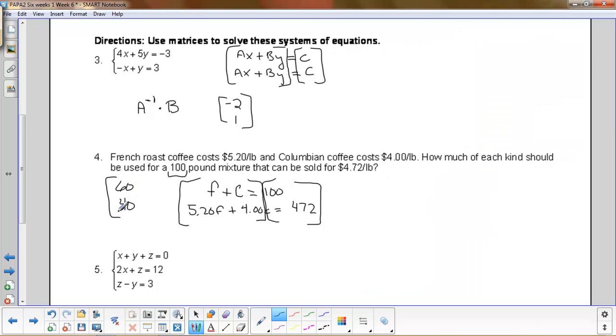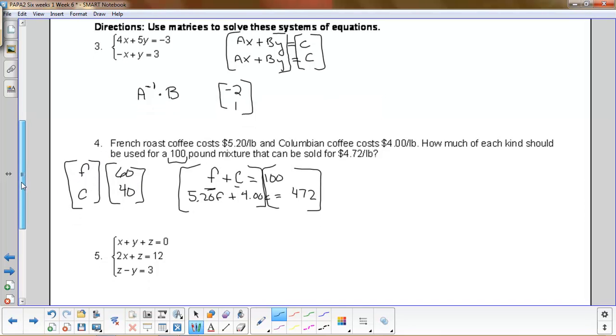Okay, now what does that mean? That means that the first variable, f, is 60. That means that the second variable, c, is 40. Therefore, we need 60 pounds of French roast and 40 pounds of Colombian.